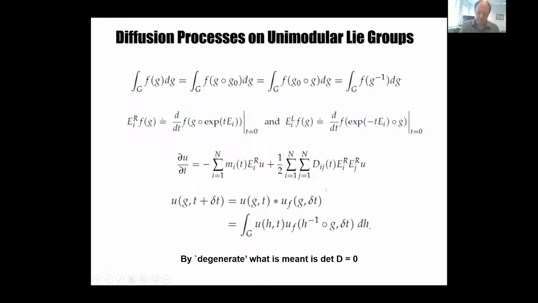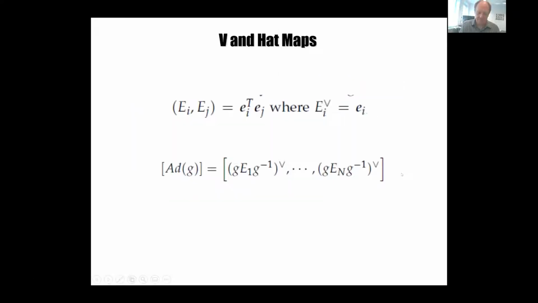So it's not full rank, okay? So that's what I mean by a degenerate diffusion. Now, if we were in Euclidean space and you had a degenerate diffusion, then you would have, let's say, a Gaussian distribution propagating just simply by translation in that degenerate direction and diffusion in the other directions.